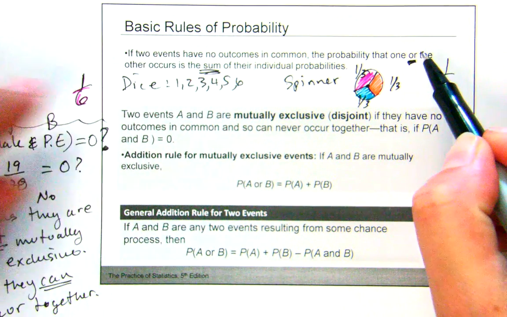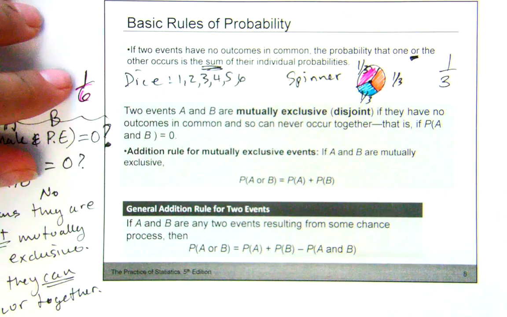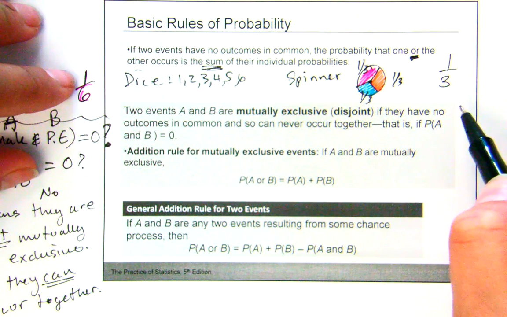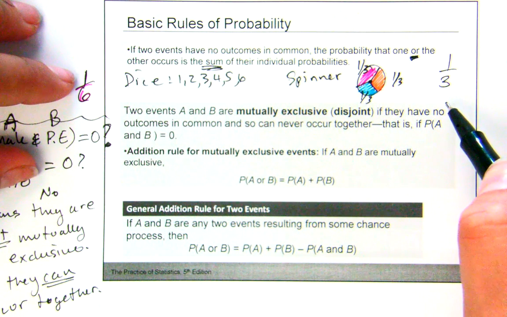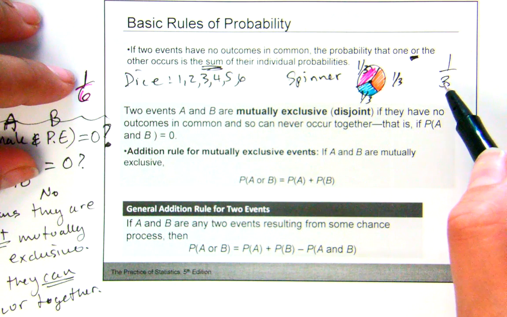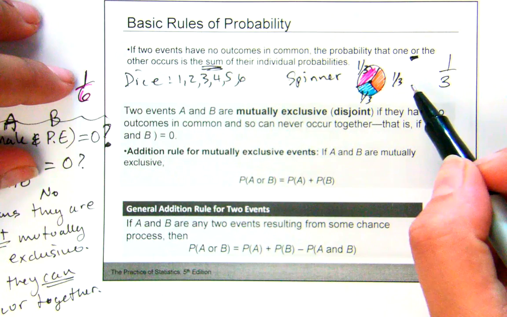So if I know, for example, from the dice, that the dice has nothing to do with the spinner, so if I do probability of the spinner and the dice, the outcome would be 0. I'm not going to do that right now, but you see my point. This has nothing to do with that.